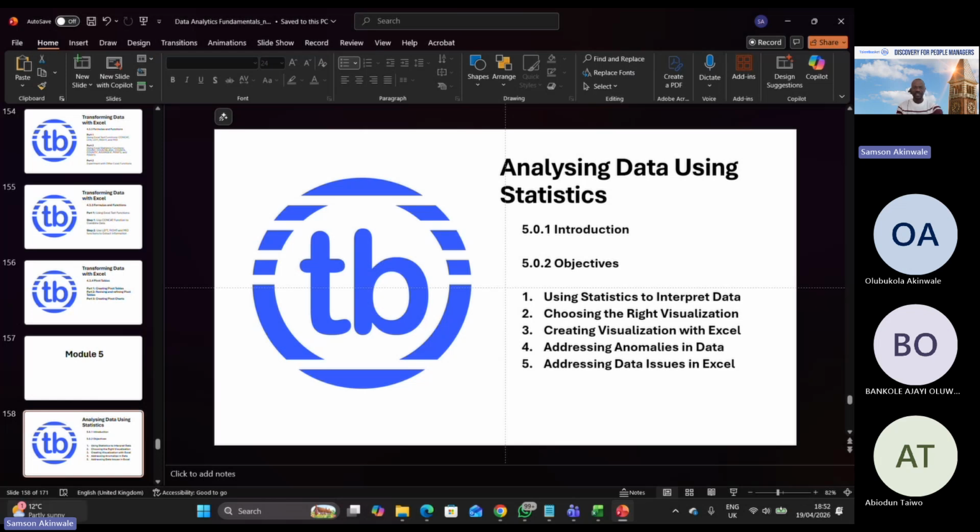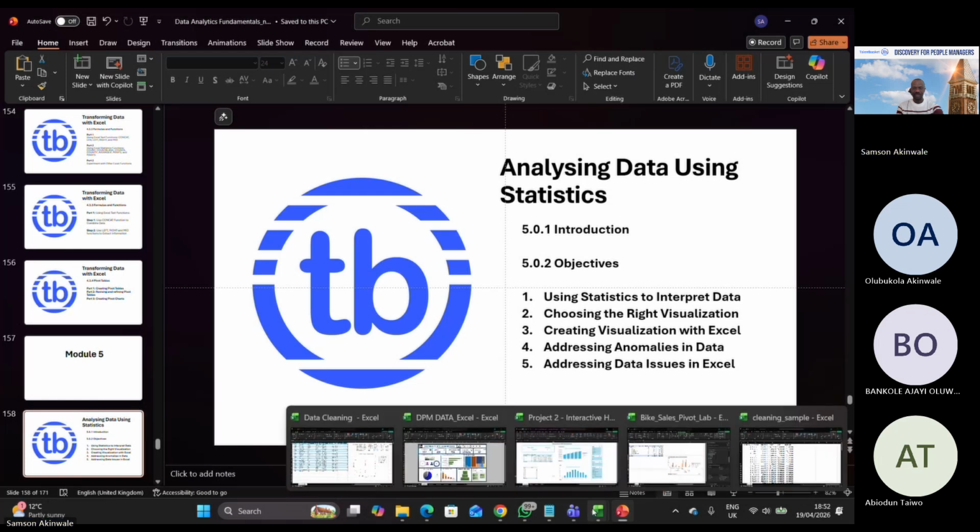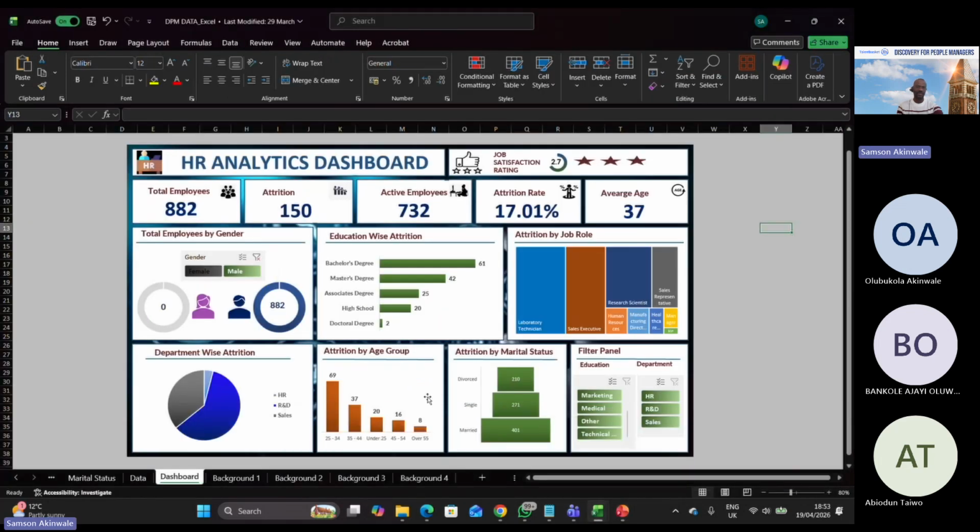For instance, if I display this dashboard to somebody who is seeing it, I've carefully chosen different charts to represent different aspects of the analysis, and they were deliberate. I have used column bar charts, I have used pie charts, I have used clustered columns.